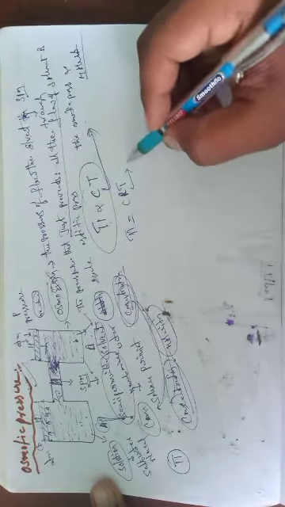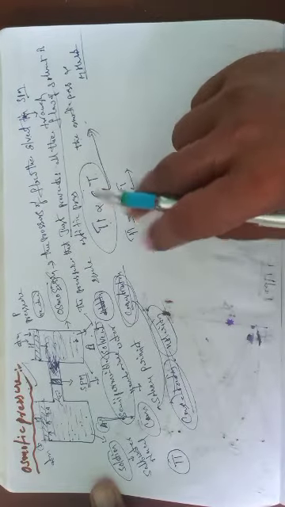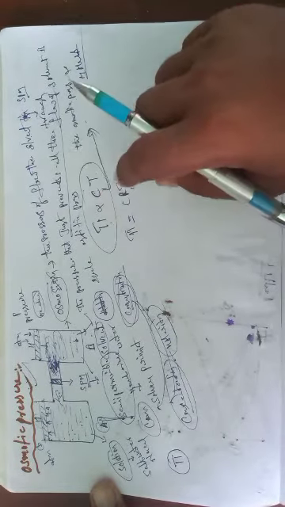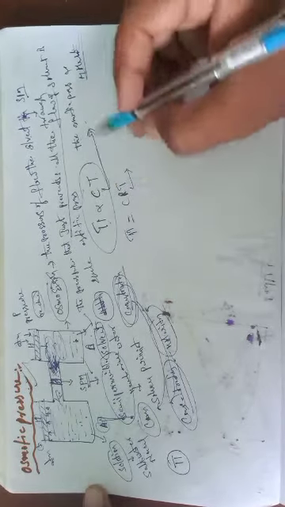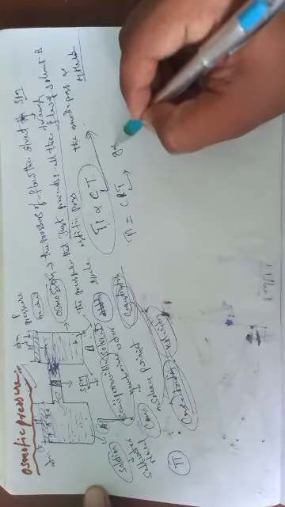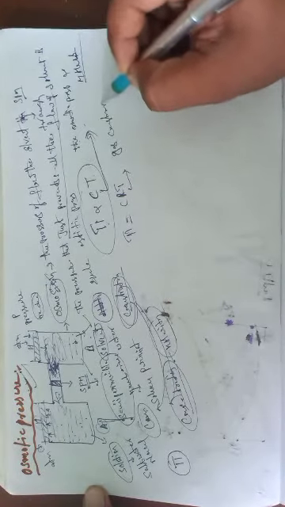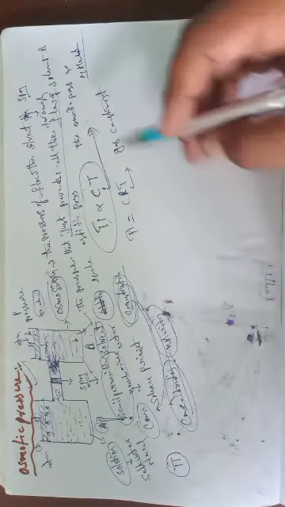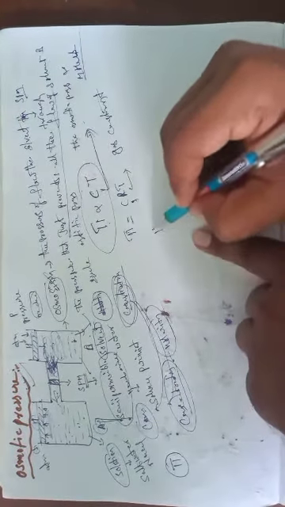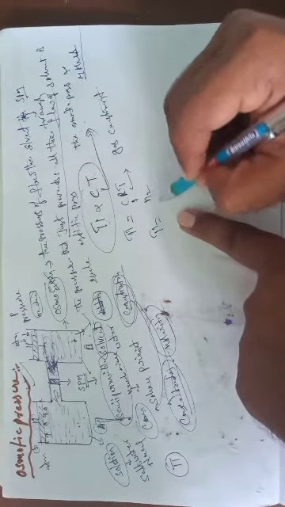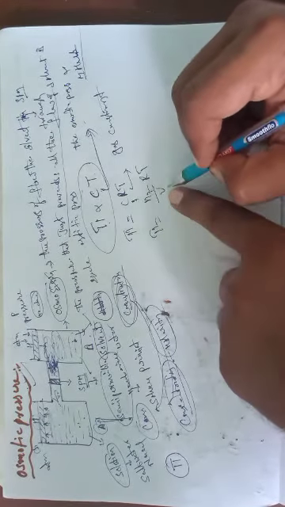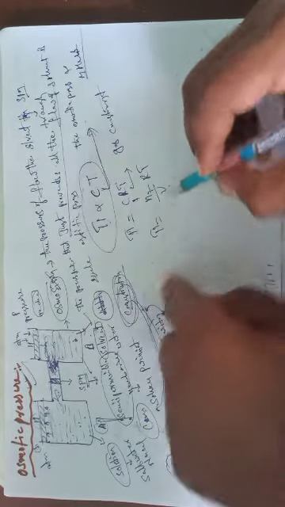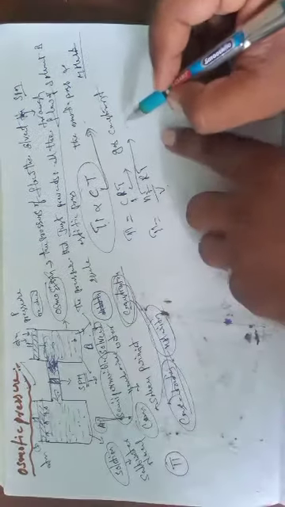C means concentration, T means temperature and R means the gas constant. C means molarity, like in P equals n2 by V into RT, where n2 is the number of moles and V is the volume in liters.